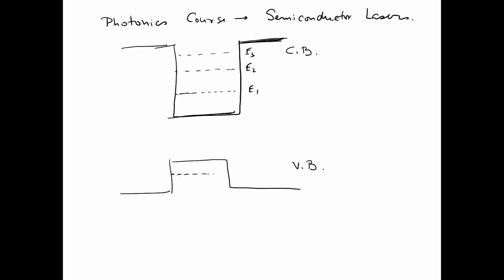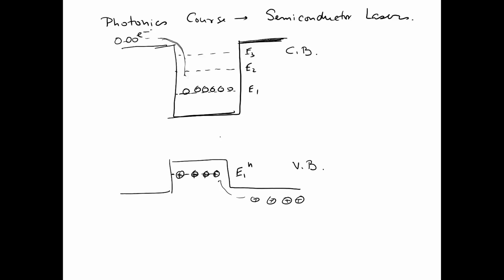And similarly, you have energy levels in the holes. Now, when you are pumping electrons in, electrons are going to fall down. Electrons try to go to the lowest energy level. Electrons are going to fall down and start collecting here. And when you're pumping holes from the other side, the holes are like balloons. The holes like to go up. The holes are going to start collecting here.